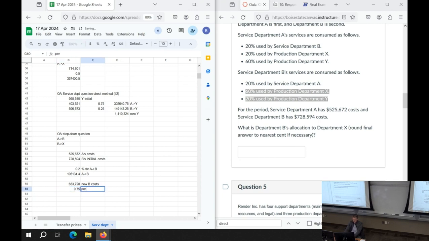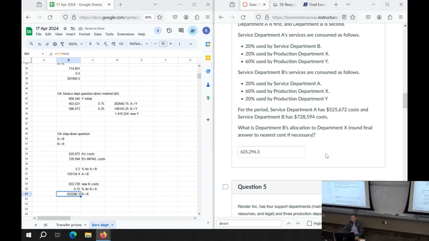That is percent for B to X. So that's X's consumption of the remaining consumption we're considering. So we can multiply those costs to get our B to X. Good.